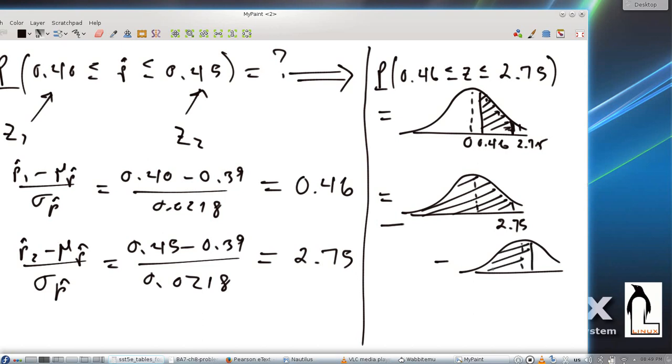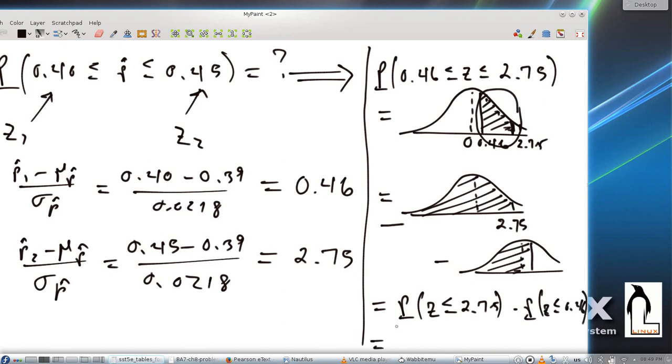The difference between these two will give you this little region right here. So the first probability expression is Z less than or equal to 2.75. The second probability is Z less than or equal to 0.46.